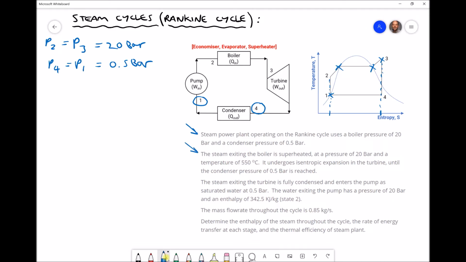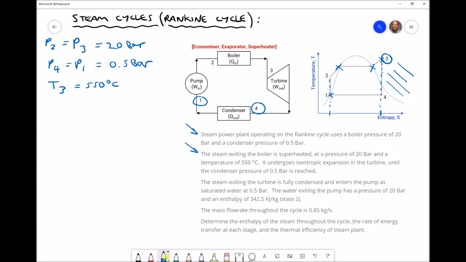The question goes on to read, the steam exiting the boiler is superheated at a pressure of 20 bar and a temperature of 550 degrees C. So we've already noted that the pressure at position 3 is 20 bar, but we now also know that the temperature at position 3 is 550 degrees C. The question reiterates there that we have superheated steam, which we know anyway because position 3 sits in the superheated region on the right-hand side of our temperature entropy diagram.